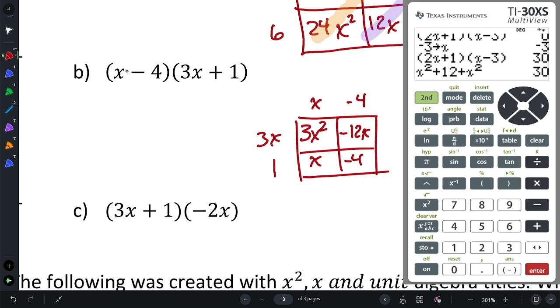So when I multiply that length times this width, it equals 3x squared minus 11x minus 4. Yes, I definitely combined the x and the negative 12x to get negative 11x.